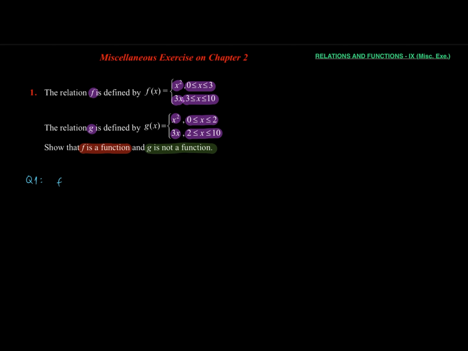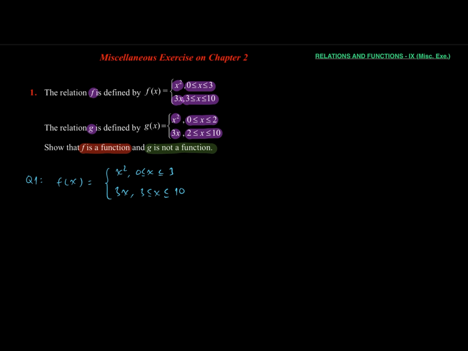So first function is f of x is equal to x squared when x is greater than or equal to 0 but less than or equal to 3, and 3 times x when x is greater than or equal to 3 but less than or equal to 10.